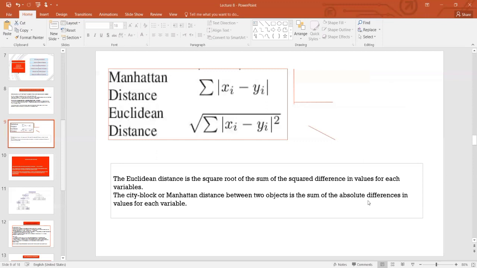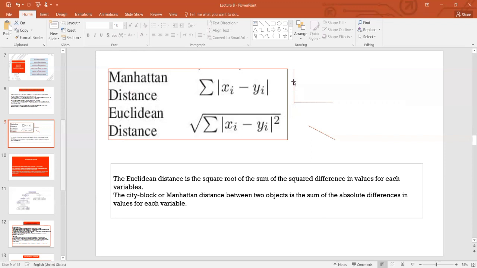So examples of distances: Manhattan distance and Euclidean distance. هول الفورمولا اللي إلهم. The Euclidean distance is the square root of the sum of the squared differences in values for each variable, and the city block or Manhattan distance between two objects is the sum of the absolute differences in values for each variable.